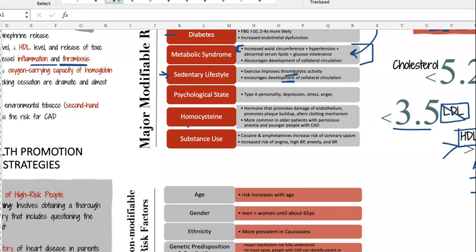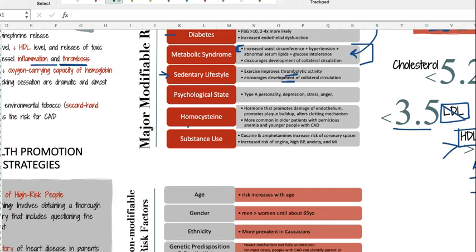Homocysteine levels. Homocysteine is a hormone that's produced during the breakdown of, I can't remember the name, methionine or something. It doesn't matter. It's an essential amino acid that's found in dietary protein. So when it's broken down, it releases this homocysteine.